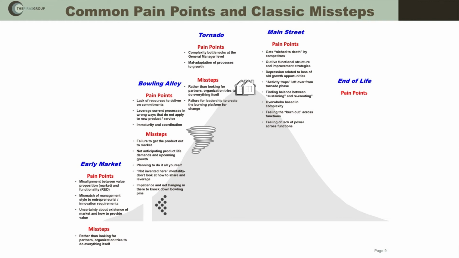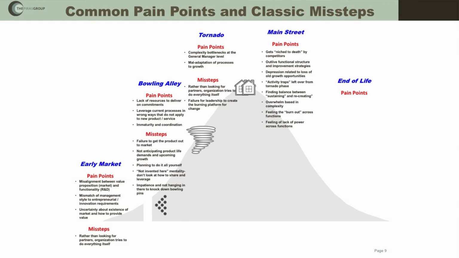So as consumers demand more, customer intimacy also becomes paramount in this phase. Okay, the current functional organization structure, often needed in that tornado phase to just focus and get things done, now has to shift more to what we call a front-back structure, where the front end is customer-facing, and they can pay clear attention to the customer needs and the satisfaction and all the intimacy of that relationship that's important.